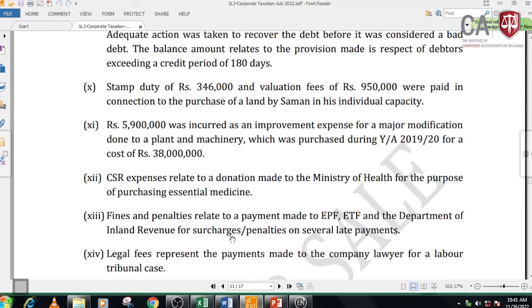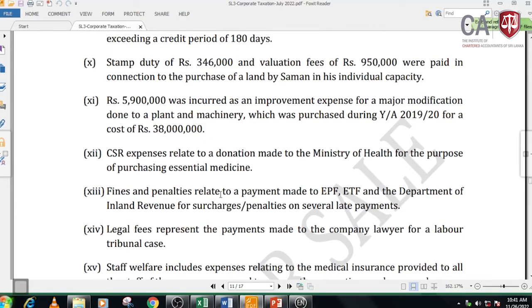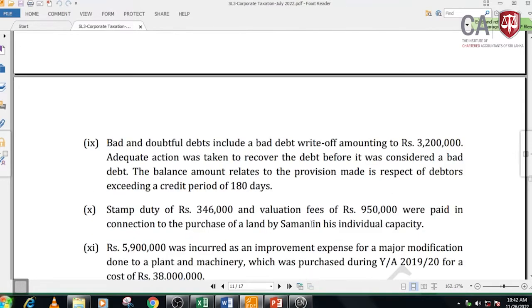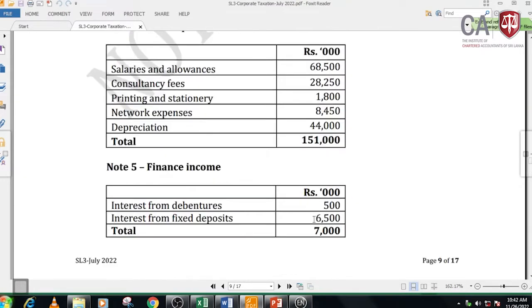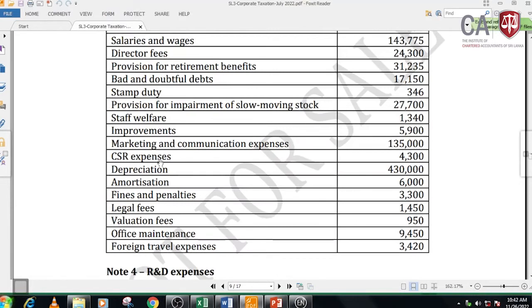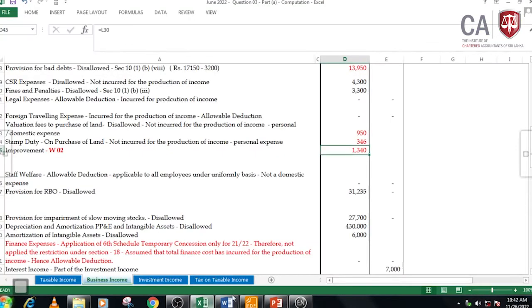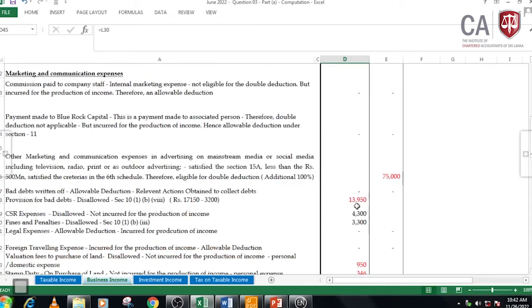Which is CSR expenses relating to a donation made to the Ministry of Health for the purpose of purchasing essential medicine. What is the amount of CSR expenses? In admin, here we go, CSR 4,300. Now let me come here, the 4,300, any donation should be disallowed.